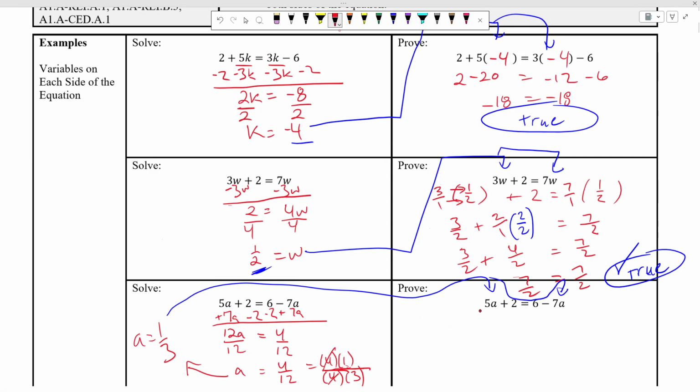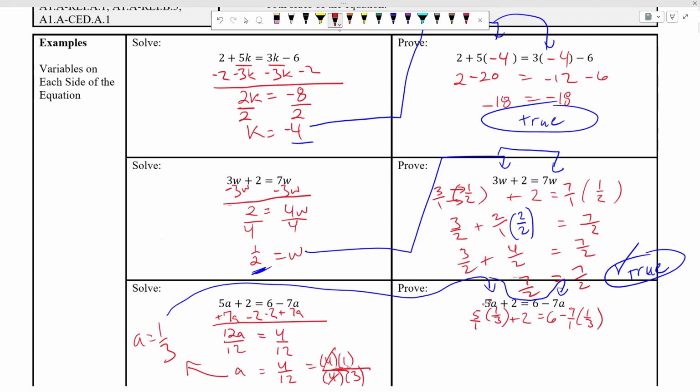So 5 times 1/3 plus 2 equals 6 minus 7 and 1/3 there. Okay, great. Again, if this helps you out, I'm going to get rid of the big 5 and put its fractional equivalent. I'm going to get rid of the big 7 and put its fractional equivalent.